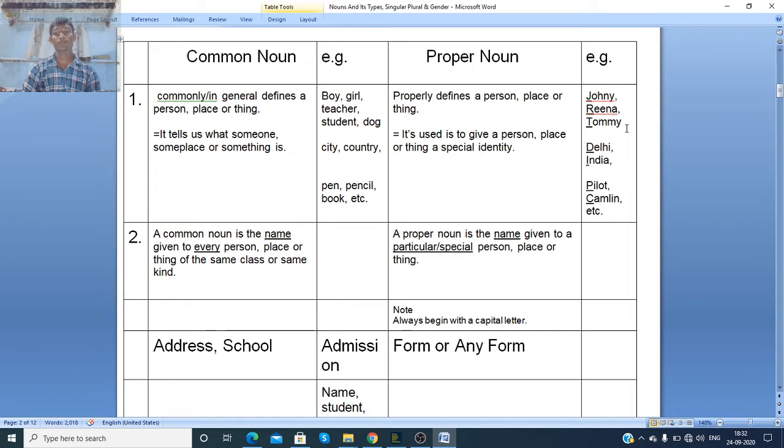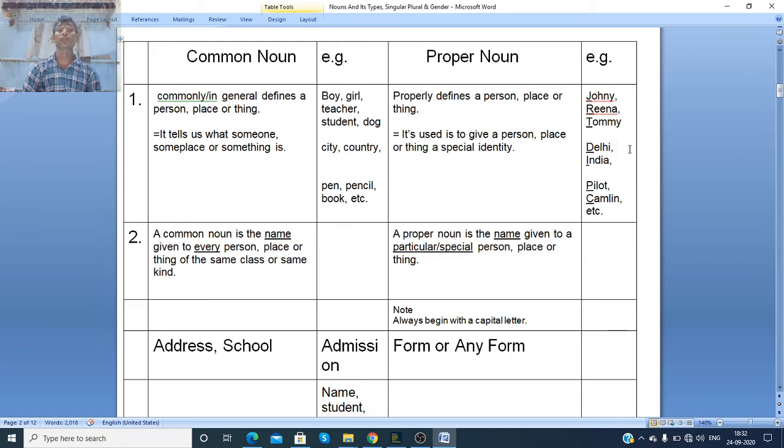So, as proper nouns give a particular name to a person, place, or thing, within a family not every person is named Ram, not every Johnny, not every Tony, not every Reena, not every Sita, not every Ronaldo.